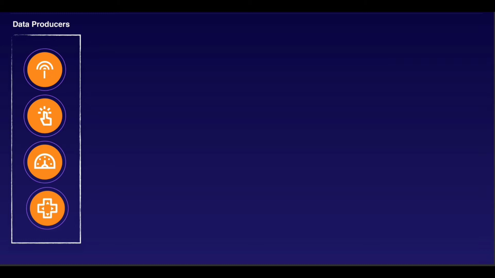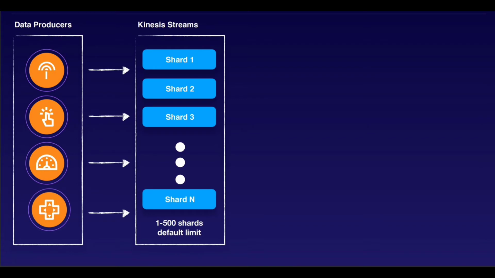They can also be clickstream data or user interaction for an online website or application. Data producers are the physical devices that produce the data that we want to get into AWS. Once the data is produced, we can then use Kinesis streams to transfer or load or stream that data into AWS.